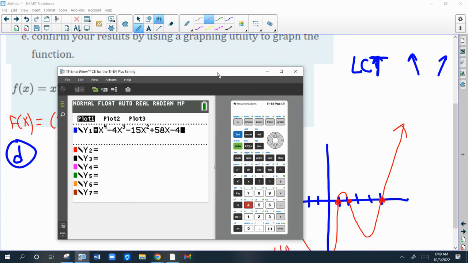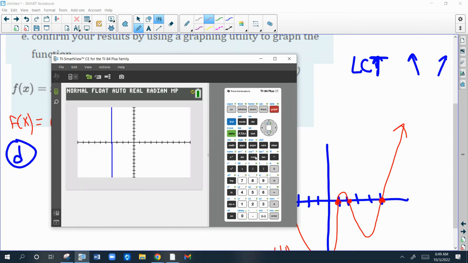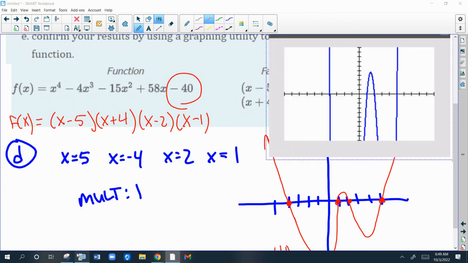And then the graph should look sort of familiar, sort of like what I have. There it is. Oops, I lost it.